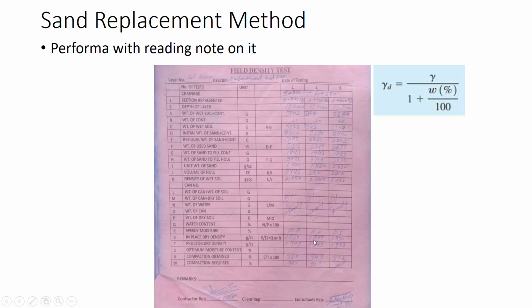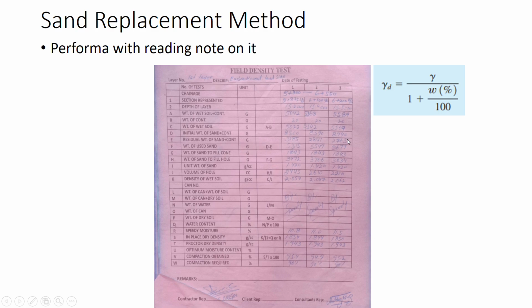This is the calculation involved after conducting this. This is the weight of soil that is obtained from the hole. This is the depth of the layer. This is the initial weight of the sand cone apparatus.